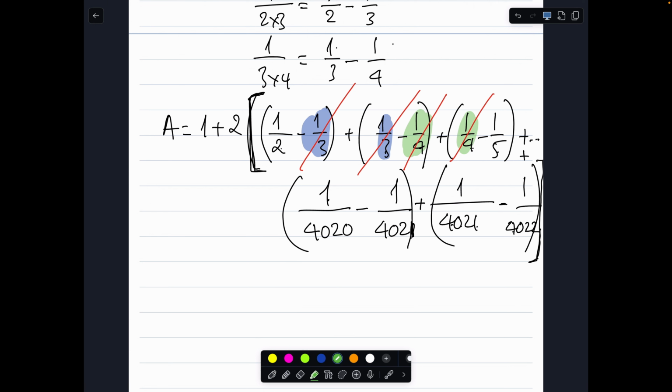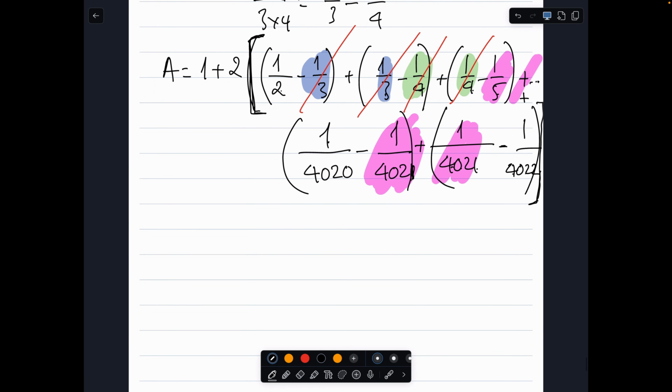And then I use a different color. 1 over 5 minus 1 over 5, you don't see it, but the next term you see it. And then you have minus 1 over 4021, and then you have this. So everything is gone except the first and the last.